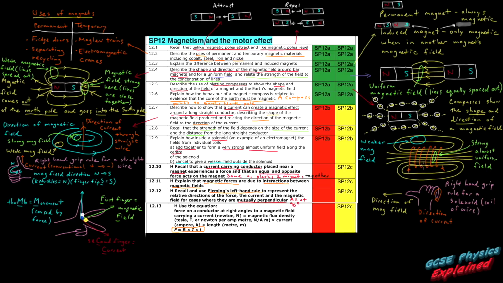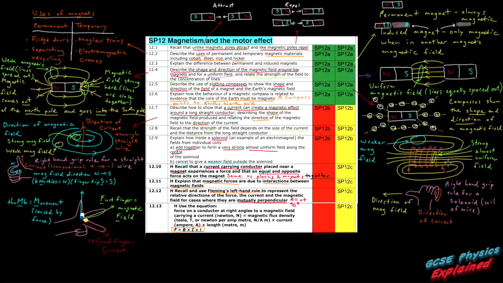So the magnetic field from here interferes with the magnetic field out there, and you end up with a weaker field out here and a weaker field out there, and nice and strong in the middle.